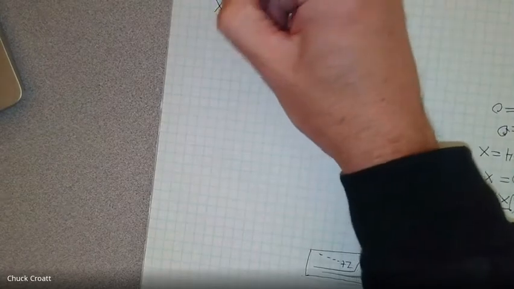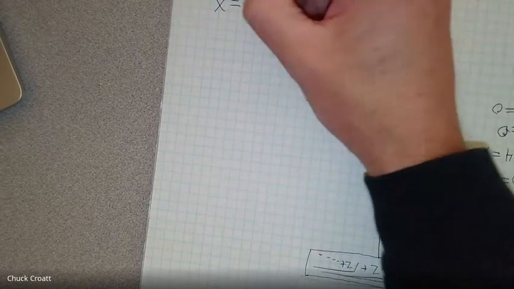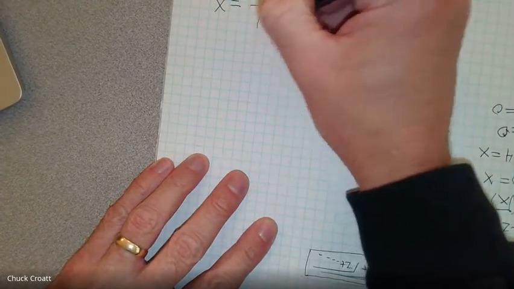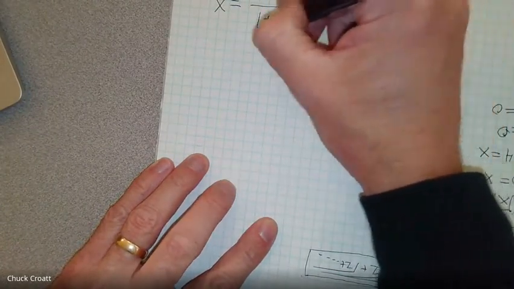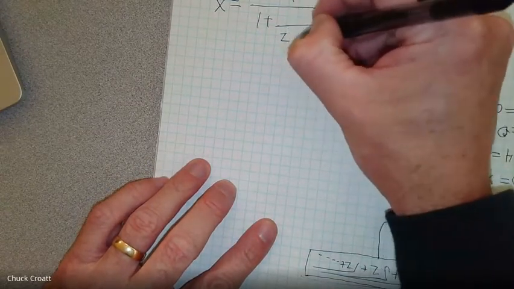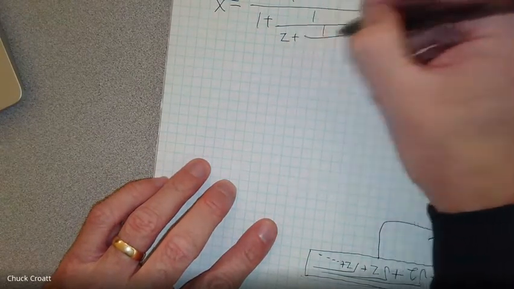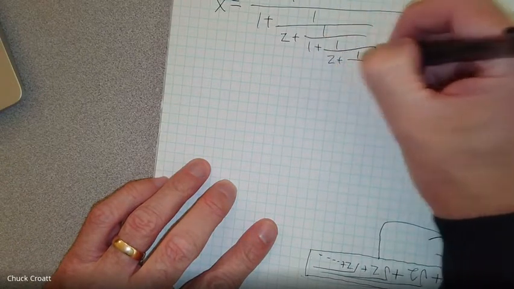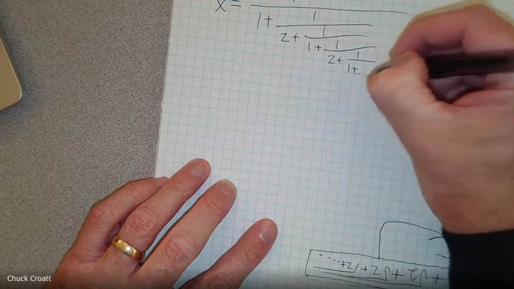We've got x equals 1 divided by 1 plus 1 divided by, this one zigs a little bit, 2 plus 1 divided by 1 plus 1 divided by 2 plus 1 divided by, and so on.